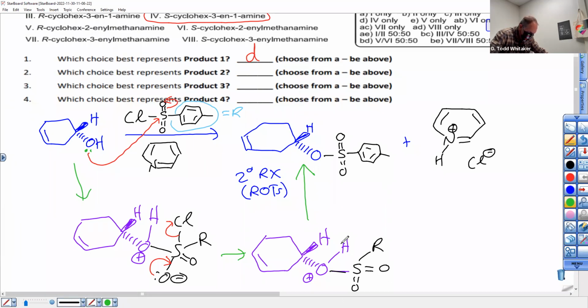What's the base? Pyridine. Put the lone pair on your pyridine. Grab the H. End of story. Most important thing is an S stereo center is still an S stereo center. That is the one thing for this multiple choice we started earlier. And it's a secondary RX when you're done.